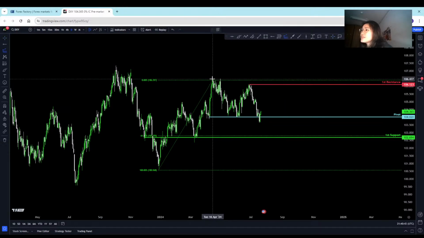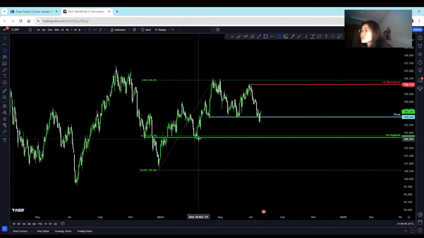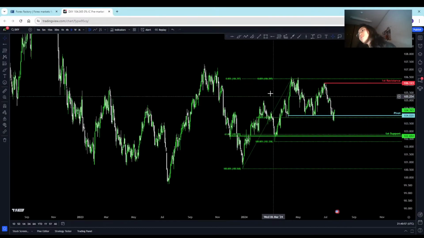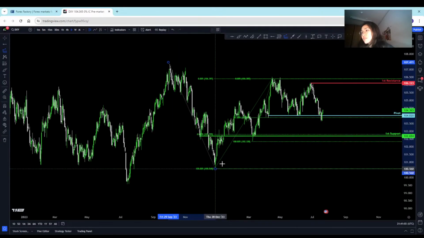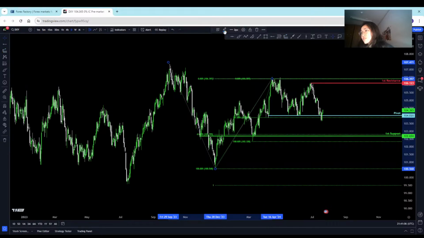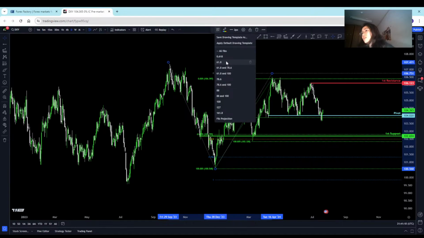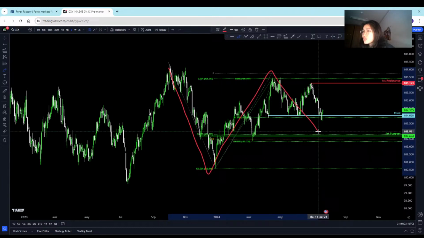My 61.8 again lines up with my pivot. My 61.8 lines up with my first support. Again, the shape that we're looking at is this lightning bolt kind of shape.